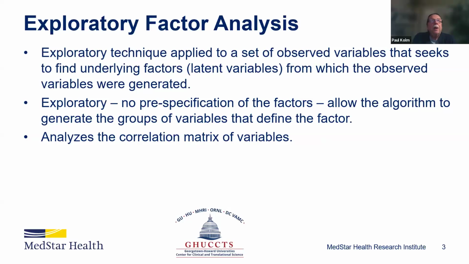So we'll talk about exploratory factor analysis first. And so we apply our factor analysis methods to a set of observed variables. And what we want to do is find underlying factors, the latent variables, from which the observed variables were generated.